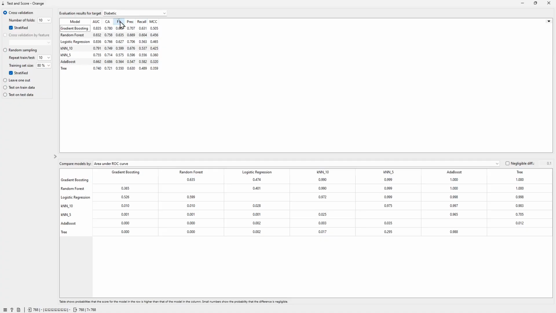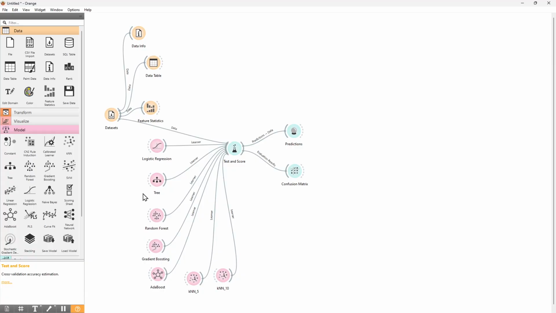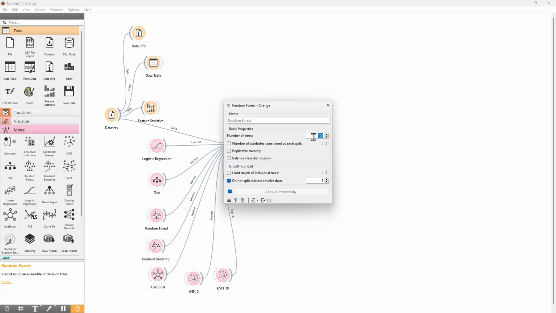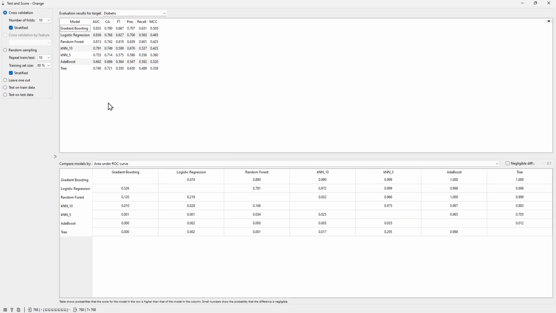So let me go with F1 scoring here. Okay, random forest is now 75. Sorry, keep looking at this accuracy. F1 63, right? So what was it before? I don't remember. Let's do 10 again and see the score. Okay, random forest, you see there's 61. It was 63.